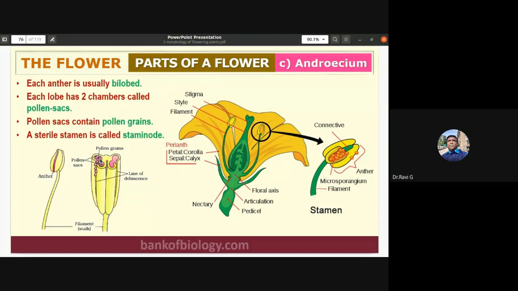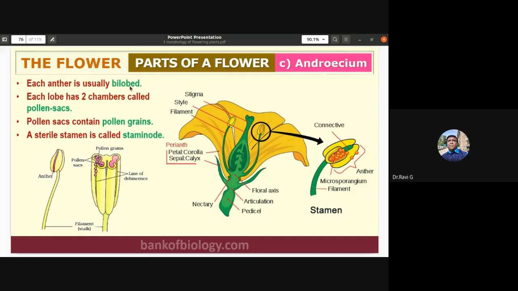A sterile stamen is called staminode. So you should remember a sterile stamen is called staminode. A male flower, a unisexual flower, we call it staminate. A sterile stamen, we call it staminode. So remember this aspect of it. The anther has two lobes.